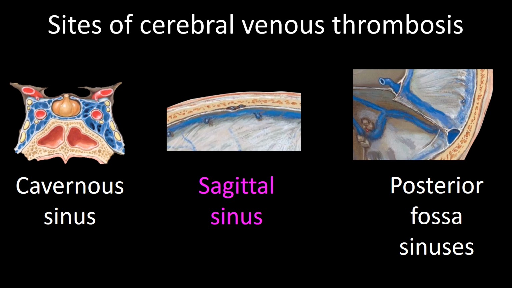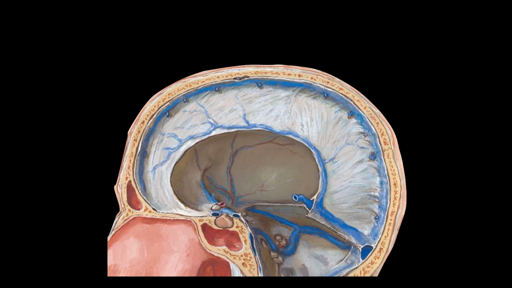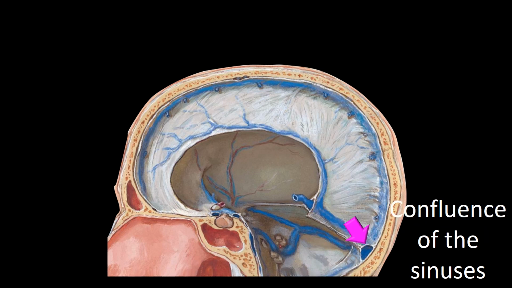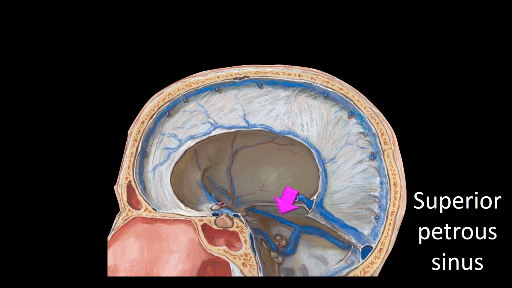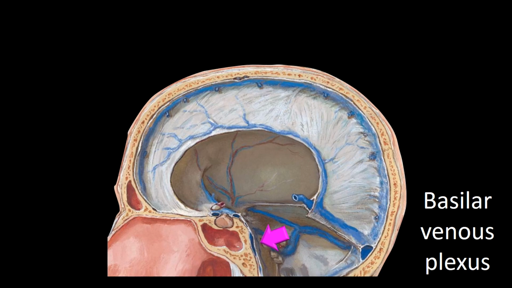After talking about sagittal sinus thrombosis, we will talk about thrombosis of the posterior fossa sinuses. The posterior fossa sinuses include the straight sinus, transverse sinus, occipital sinus, confluence of the sinuses, sigmoid sinus, superior petrosal sinus, inferior petrosal sinus, and the basilar venous plexus.